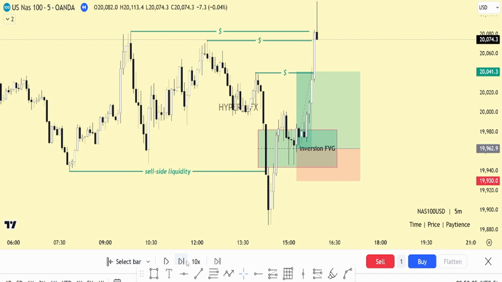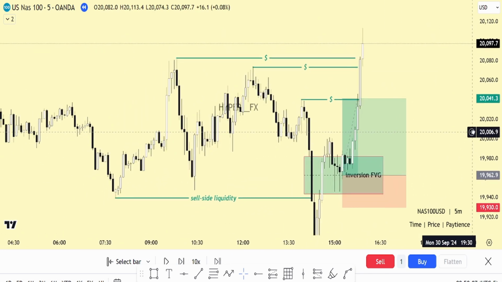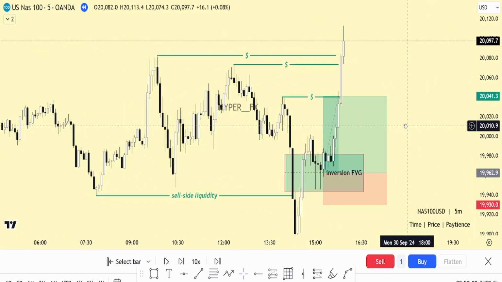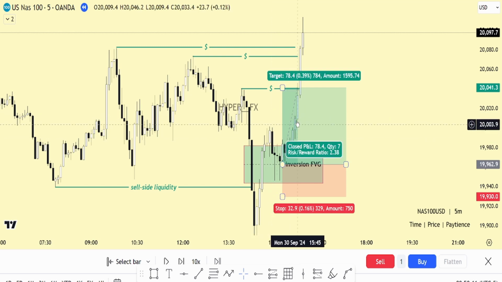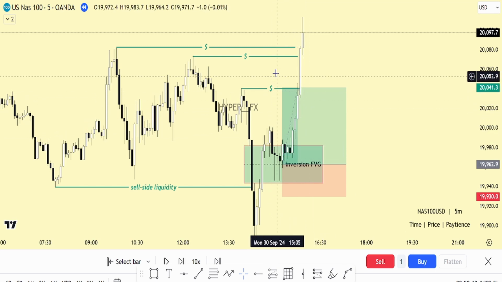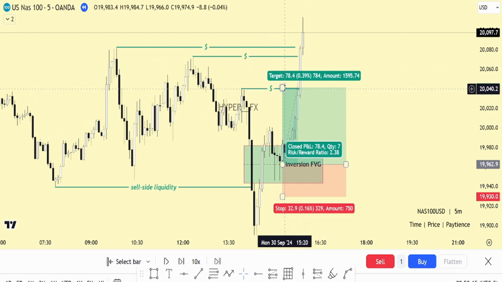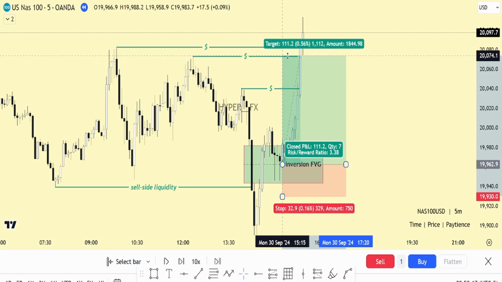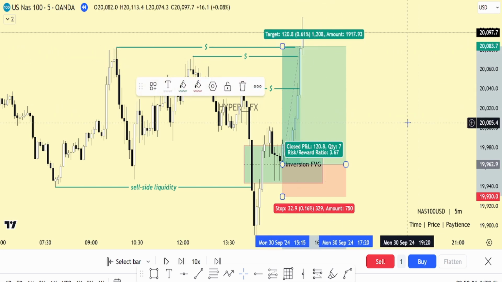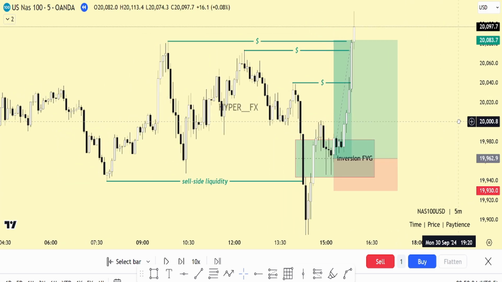Okay, this was even a quick one. So there you have it. You have your take profit one at this level at 2.38 risk reward, and your last target at 3.62 risk reward.